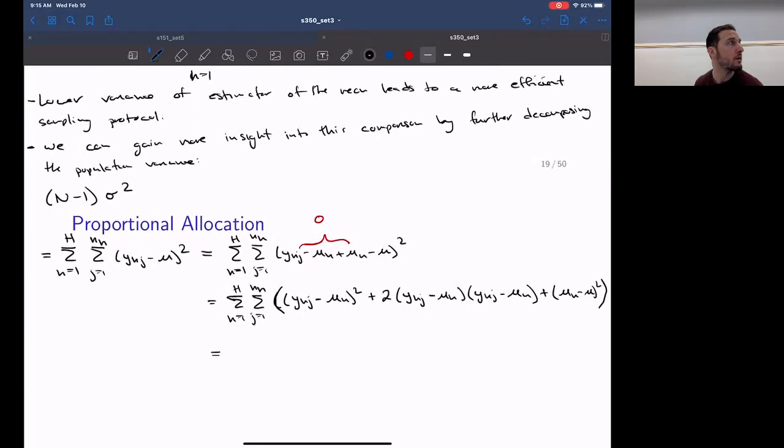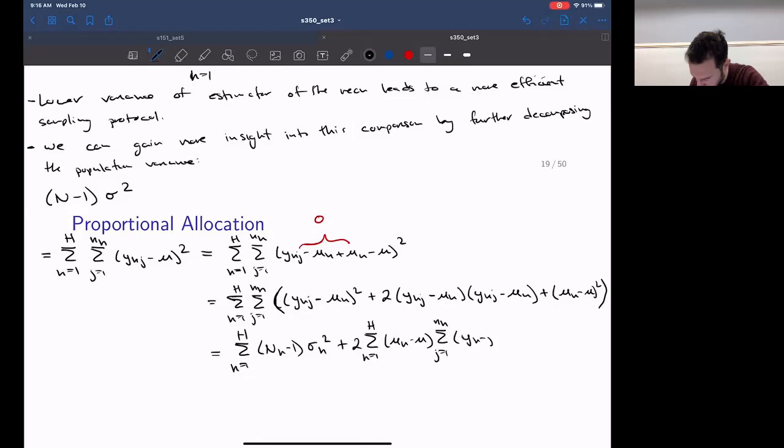Okay, so this will give us the sum from little h equals 1 to capital H of capital N_h minus 1 multiplied by sigma_h squared, plus 2 times the sum from h equals 1 to capital H of mu_h minus mu multiplied by the sum j equals 1 to little n_h of y_hj minus mu_h, plus the sum h equals 1 to capital H of little n_h times mu_h minus mu squared.